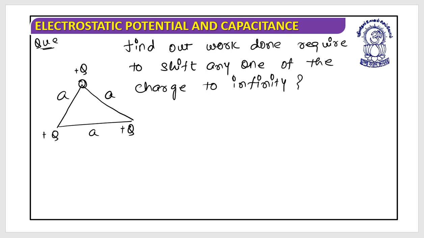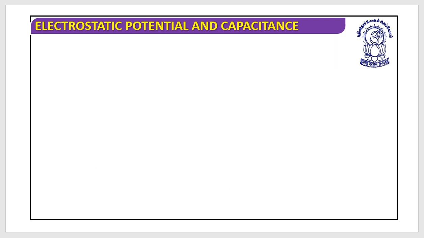So if it is a question of reconfiguration, first you need to find the initial potential energy Ui, then find Uf, and then simply find delta U. That means you can write it as Uf minus Ui or Ui minus Uf. So let's begin.